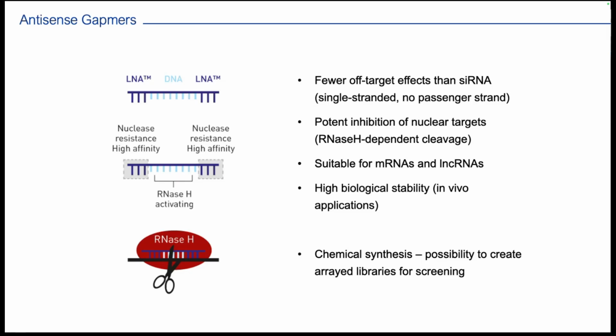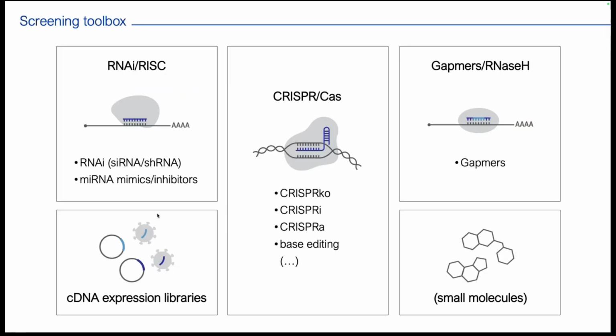Okay, so this is about the different systems that we have to modulate the gene expression. I did not mention base editing, which is a variation of Cas9, where you have an enzyme that will do editing of the base, that can also be targeted for screens.